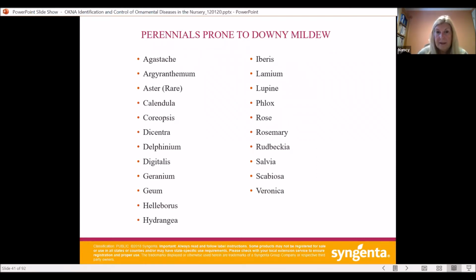And in the springtime, it's important to keep a close watch out and get your fungicide rotations on early so that this doesn't develop, because trying to control downy mildew once it has established a foothold in the crop takes a lot longer, a lot more fungicide applications, and sometimes it's not totally successful.